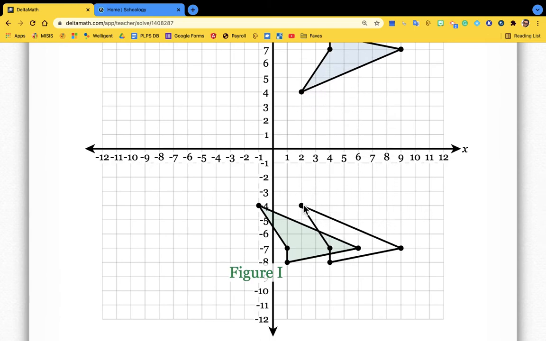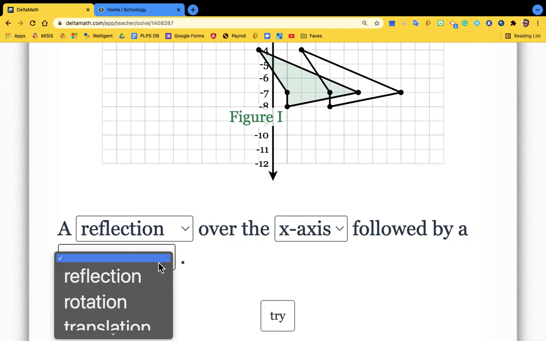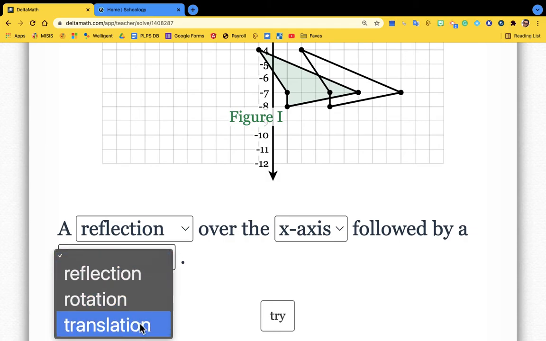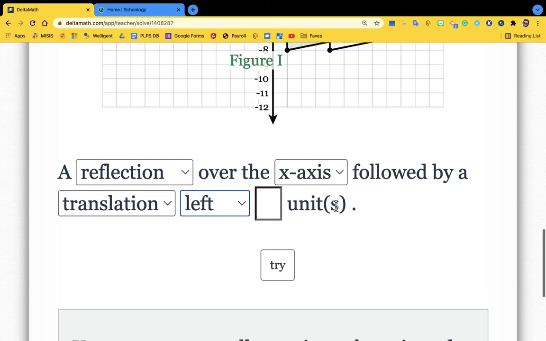Now I need to move this point 1, 2, 3. So when I'm moving to the left, I'm translating. Translation left. How many was it that I said? I think it was 4. Let's try 4 here.